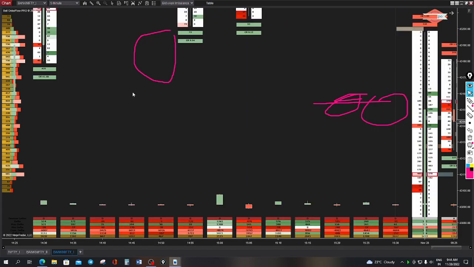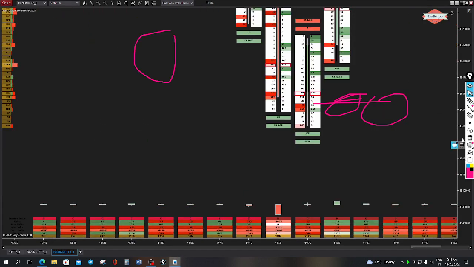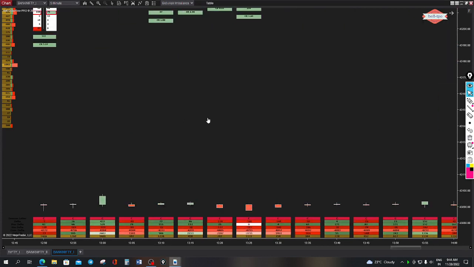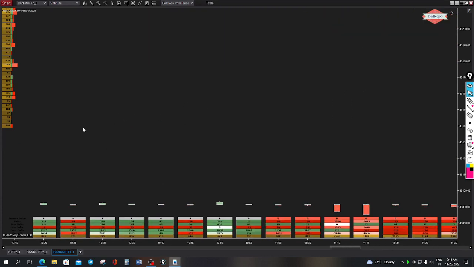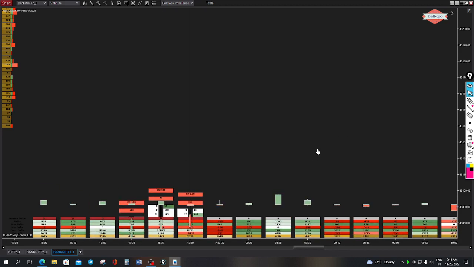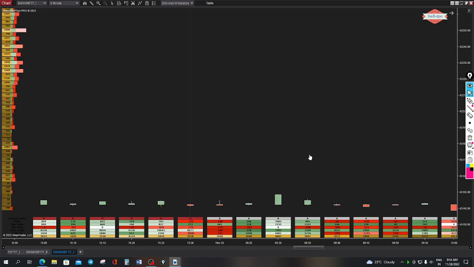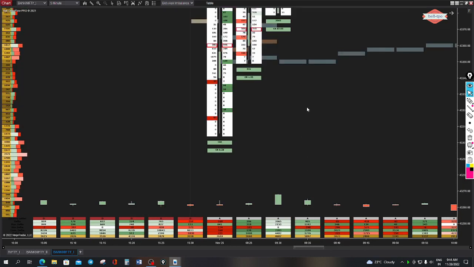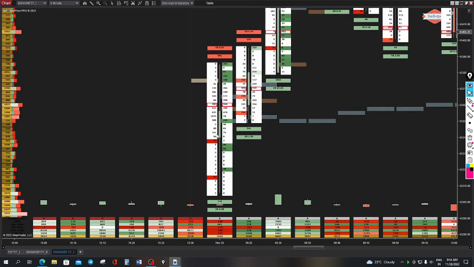You can check the previous day's candle, which shows this is the previous day candle. There is some movement and assurance here.